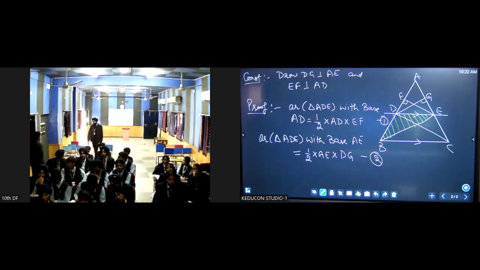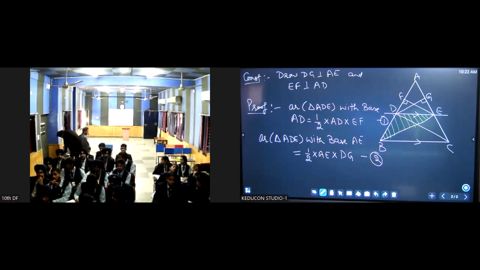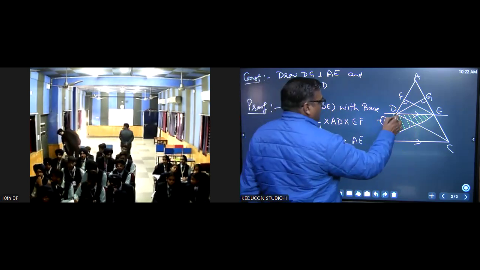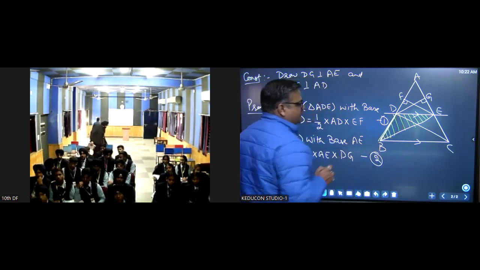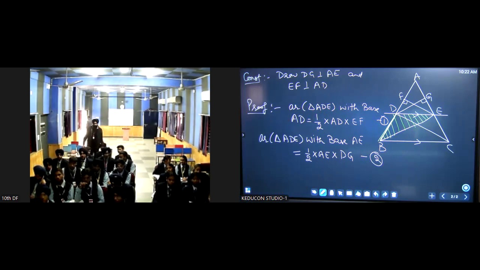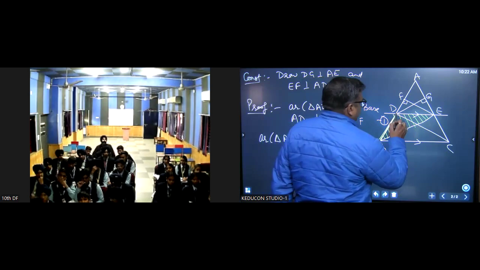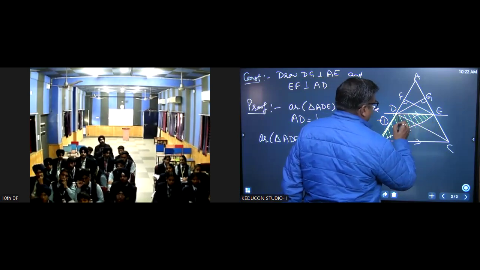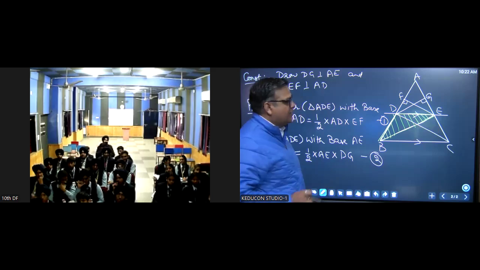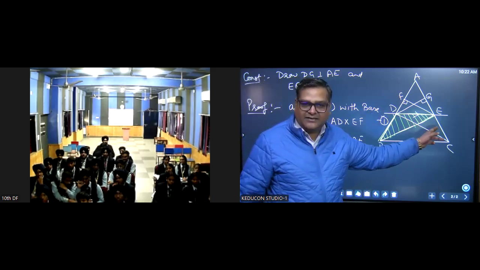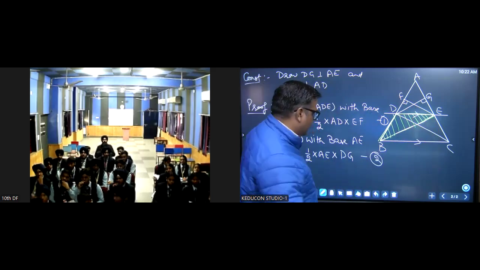Triangle BDE, right? If its base is BD, what will be its height? क्या हो जाएगी बच्चों? What will be the height of the triangle BDE if this is BD? Tell me बच्चों. बेटा, height FE हो जाएगी. This will be the height. I'll explain it.